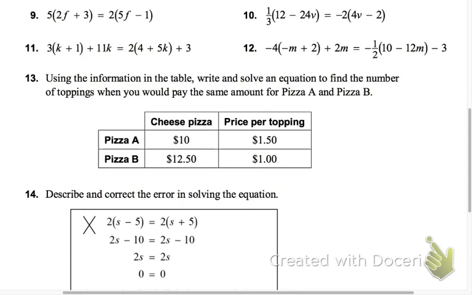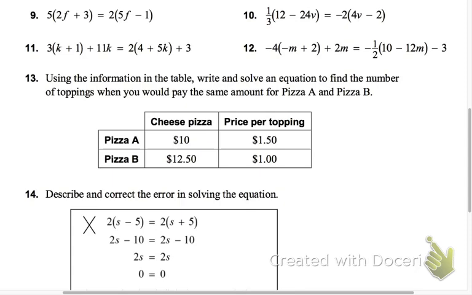So how can I write pizza A as some sort of equation? 10 plus 1.50x. Why am I going to put the x, or the p or t or whatever letter, with the 1.50?